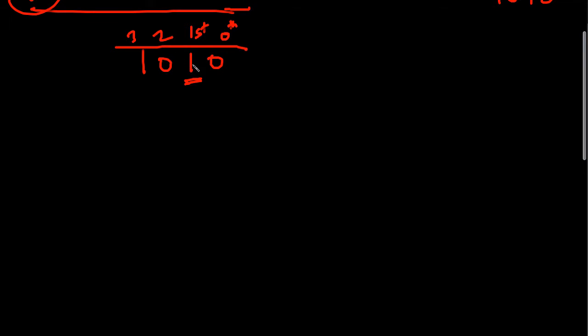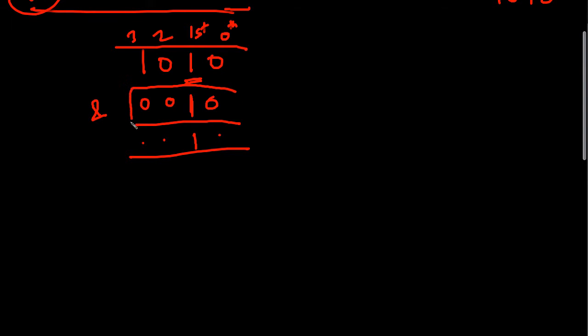So if I wanted to figure out if this bit was set, I would do an AND operation and ensure that this is 1, and the rest are all zeros. If I used this number with the AND operator and ended up with something greater than 0, then I know that bit was set.